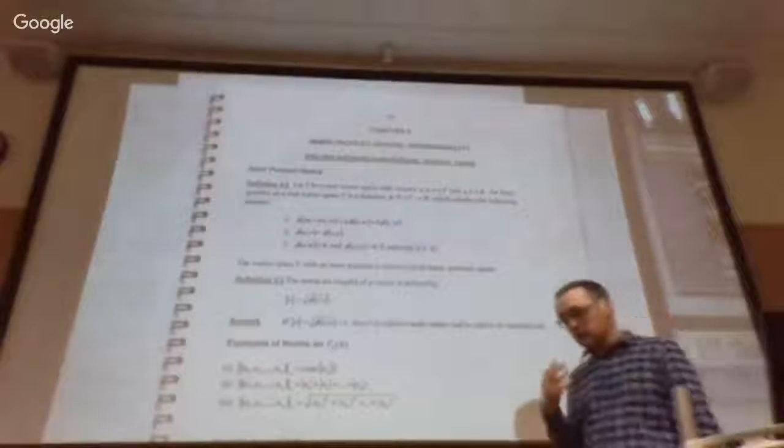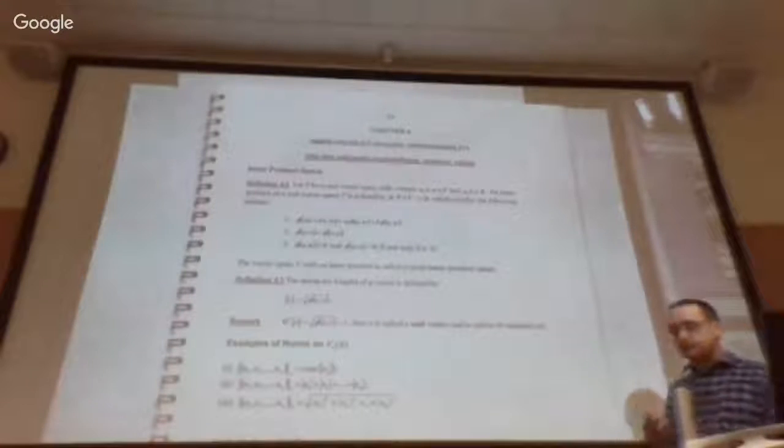Using that, you can also obtain a nice formula for the angle between two vectors: the cosine of the angle between two vectors is the dot product of the two vectors divided by the product of the vectors' magnitudes.